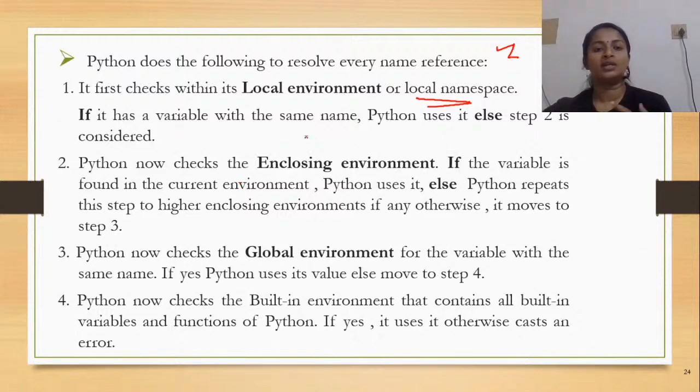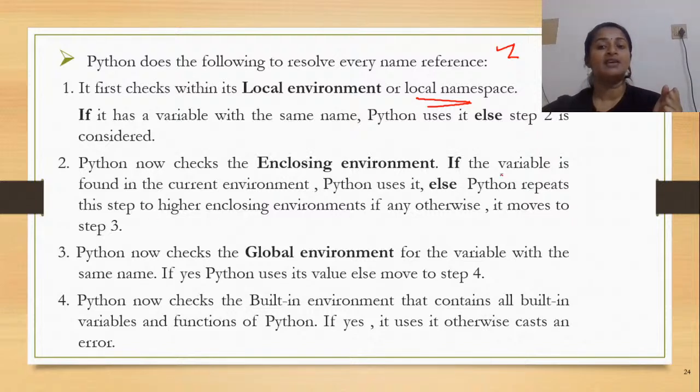Imagine that there is a boundary wall, and immediately outside the boundary wall is your enclosing environment. Now you check your enclosing environment.